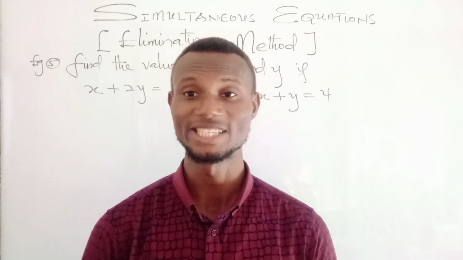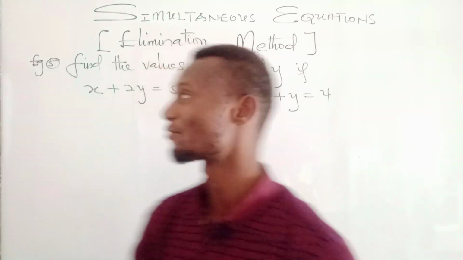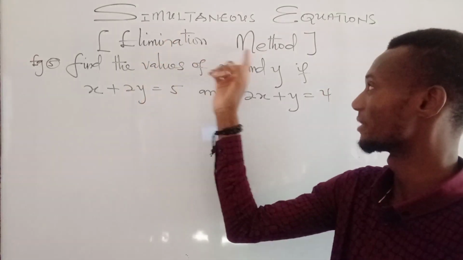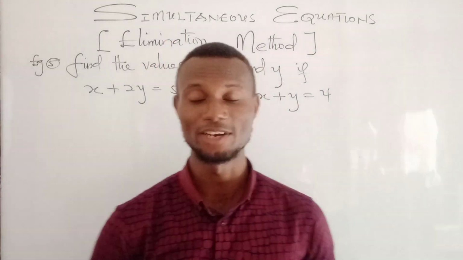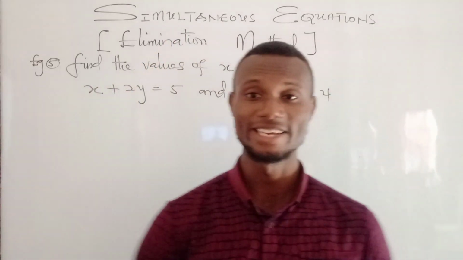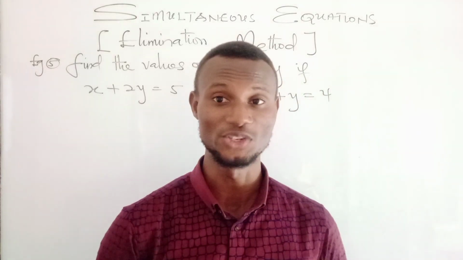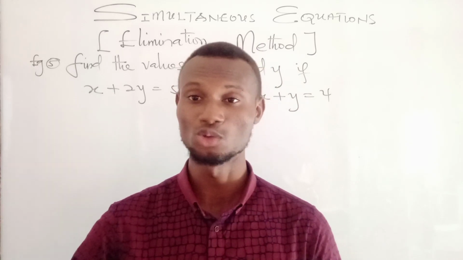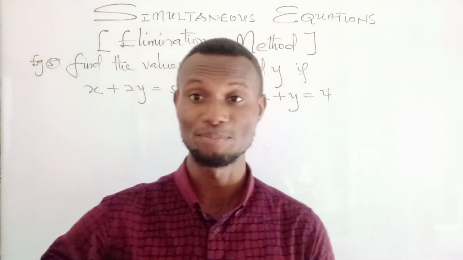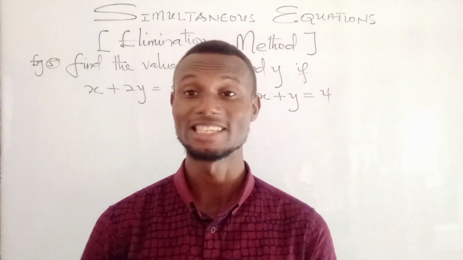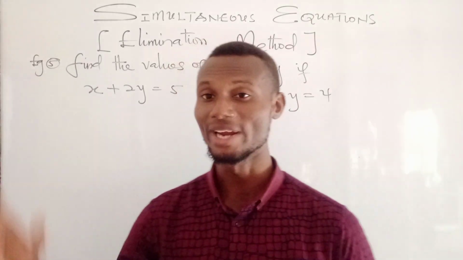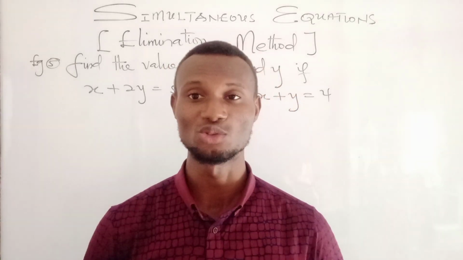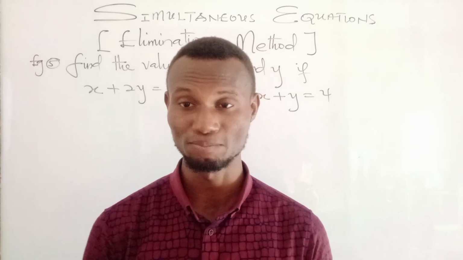As you can see from the board, I've written elimination method on the board, and I have an example on the board that I want to solve with you. This is example 5. It means we've already done examples 1, 2, 3, and 4 in the previous videos using the substitution method. So with this example 5, I'm going to teach you the elimination method.